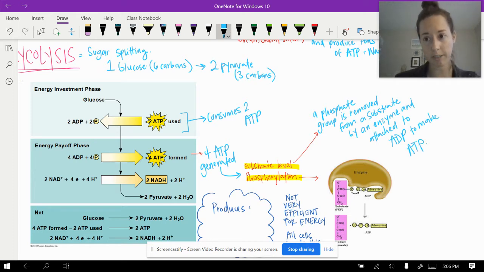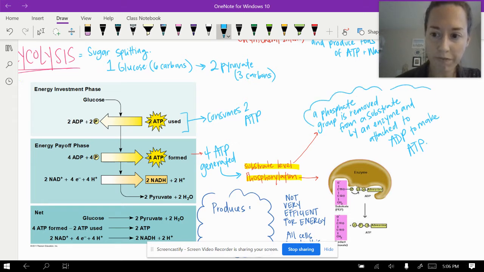So literally what this means is that the phosphate is coming from the substrate. And the ADP as well as the substrate will fit into the active site of the enzyme.